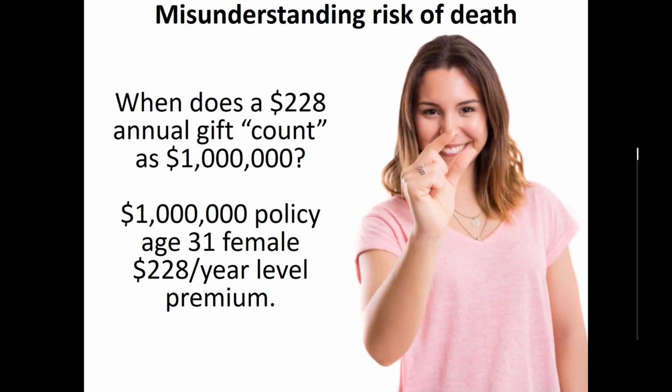And most people you're reporting to, when you say we have a $1 million revocable estate gift signed by this person at age 31, may understand they're going to have to wait a while for that, but they will think of that as a big win. They're not going to think of that as a $228 win, even though the $1 million revocable gift from somebody who's 31 years old is a $228 per year win.